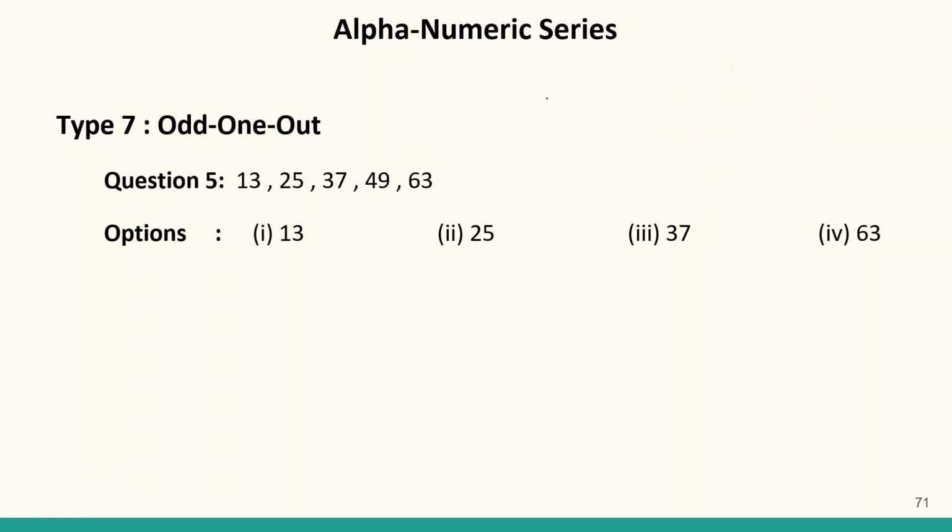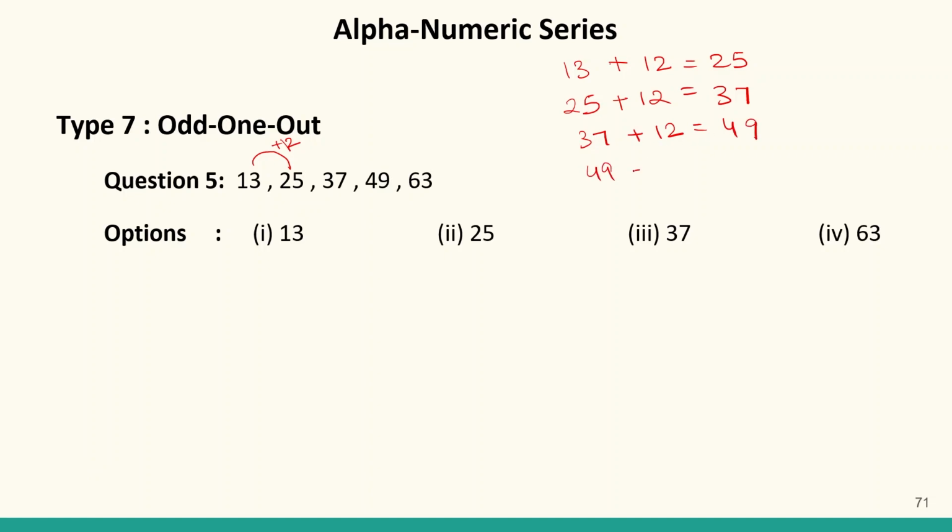Hence our answer is out. So I think this is an addition series because the numbers are not jumping very much. So I think this is the addition of 12. Yes. 30 plus 12, will it give me 37? Yes. If I keep on adding 12, will it give me 49?